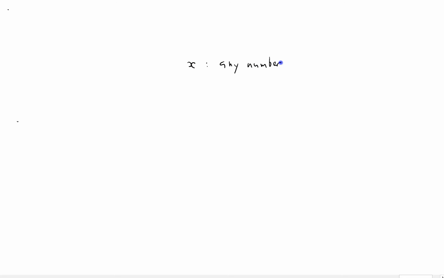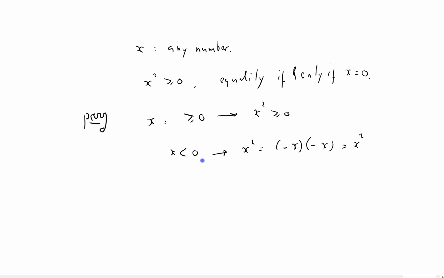The proof of that is rather messy. x can either be greater than or equal to 0 or less than 0. If it's greater than or equal to 0, x squared is greater than or equal to 0, and if x is less than 0, then x squared equals minus x times minus x, which is greater than or equal to 0, actually strictly greater than 0.